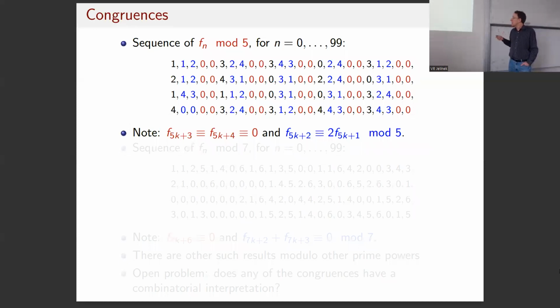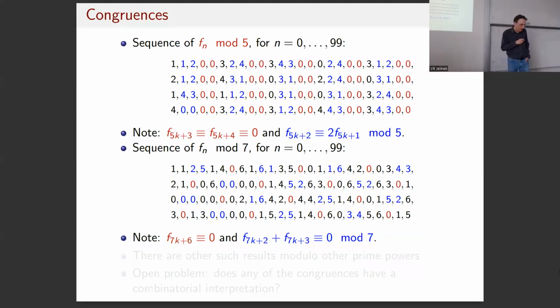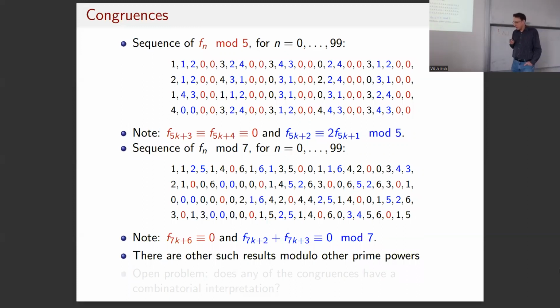And something quite similar appears also if you take Fishburn numbers modulo 7. Again, there will be some zeros appearing periodically, and again, there will be some congruence relations between terms where the congruences depend on the index modulo 7. And something similar also happens for other primes, not all primes.